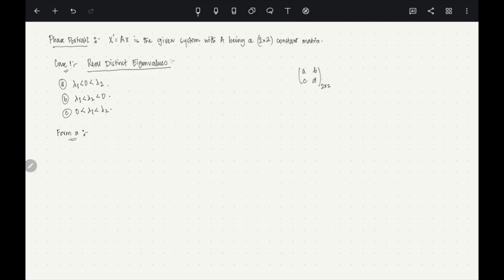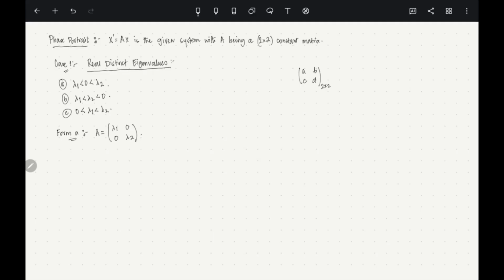Okay, so there are these three cases, and according to that, the canonical forms look like this. For the first one, it will essentially look like this: lambda 1, 0, 0, lambda 2. See why I am doing it: essentially all systems can be reduced to this, so you just have to study the canonical form to study all the systems.